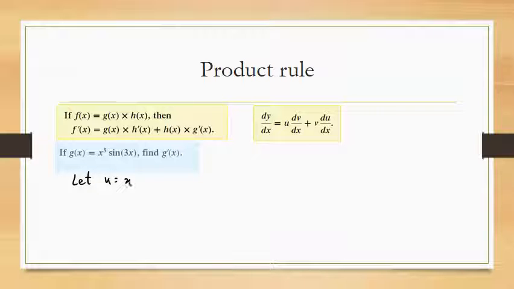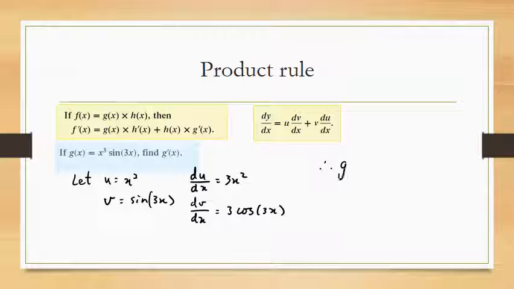So let u equal x cubed, v equal sine 3x. Then du dx is 3x squared. dv dx is equal to 3 cos 3x.